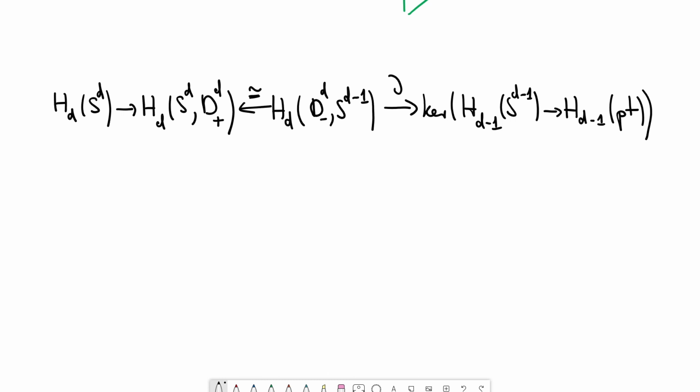That was this isomorphism, and now we want to show this is compatible.